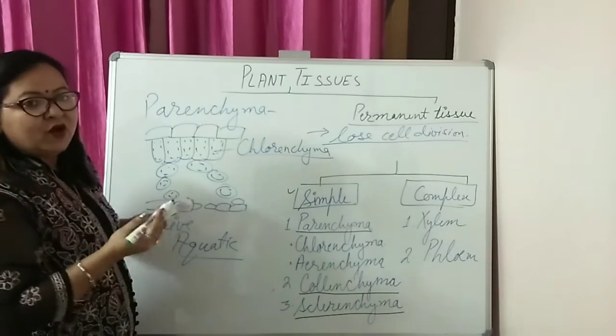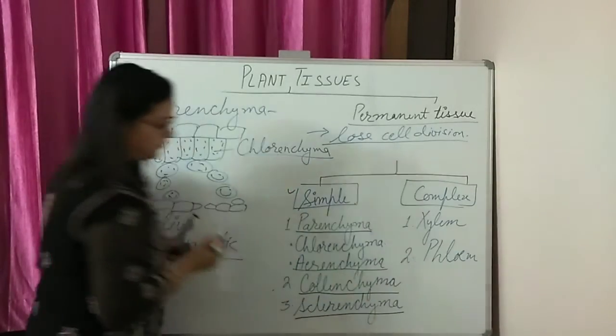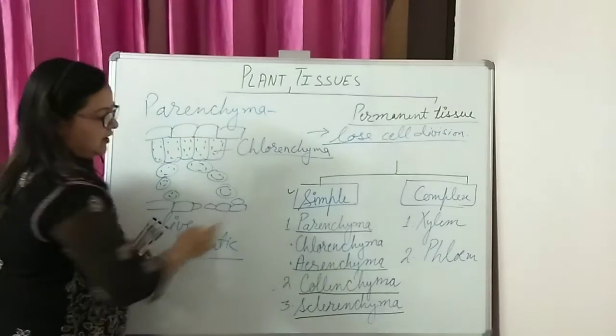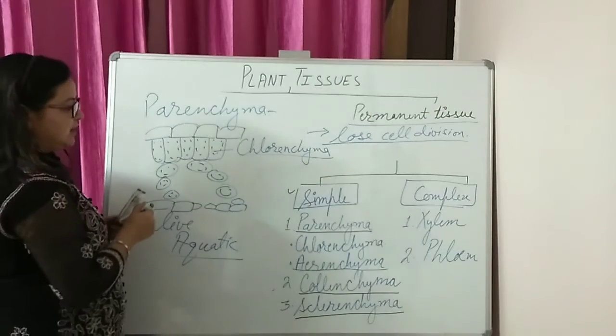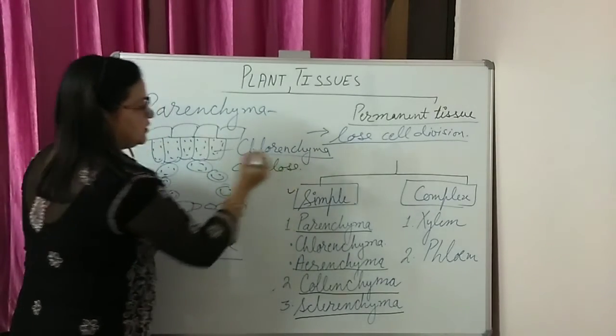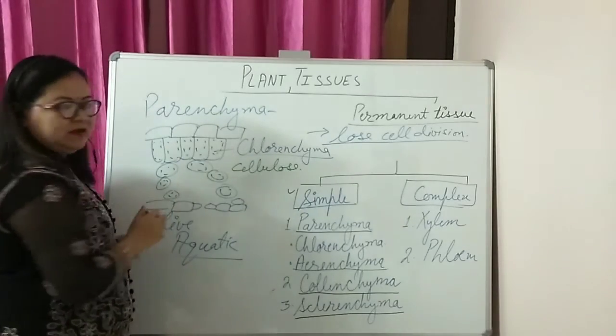That kind of parenchyma tissue is known as aerenchyma. So this is about the types of parenchyma. If we talk about the basic structure of the cell, the cell wall is made up of cellulose. It is a thin cell wall, it is an active cell, and they are living cells.